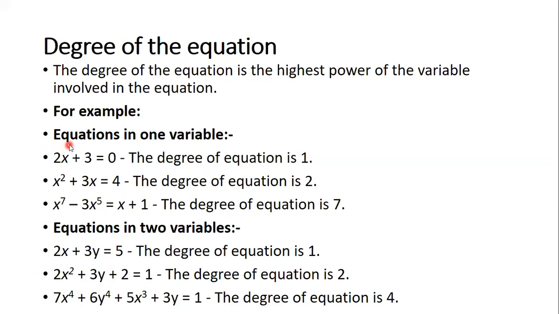So if we have the highest power as 1, then the degree of the equation is 1. Likewise, whatever the highest power of the variable is, that will be considered. Here we have examples for one variable and two variables. For one variable, only x is considered with different powers. In two variables you will have x and y, where the highest power of the variable is considered. So that will be the degree of the equation.